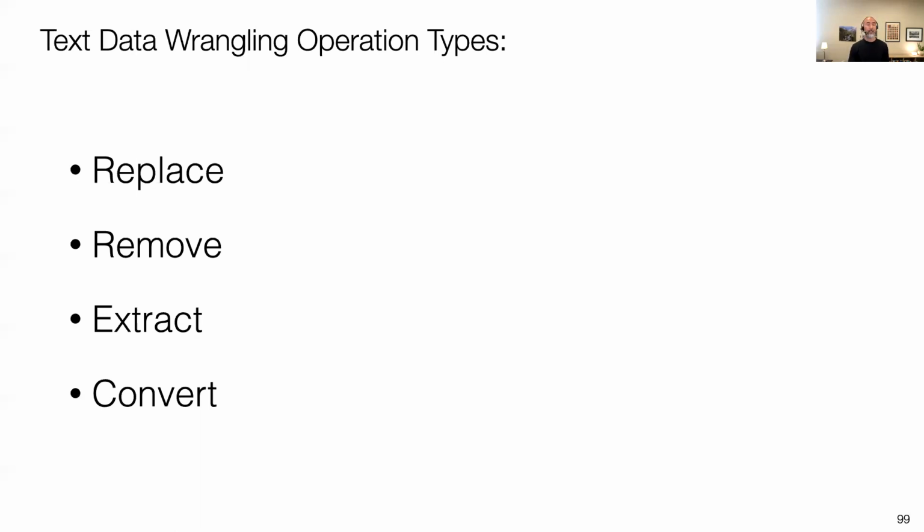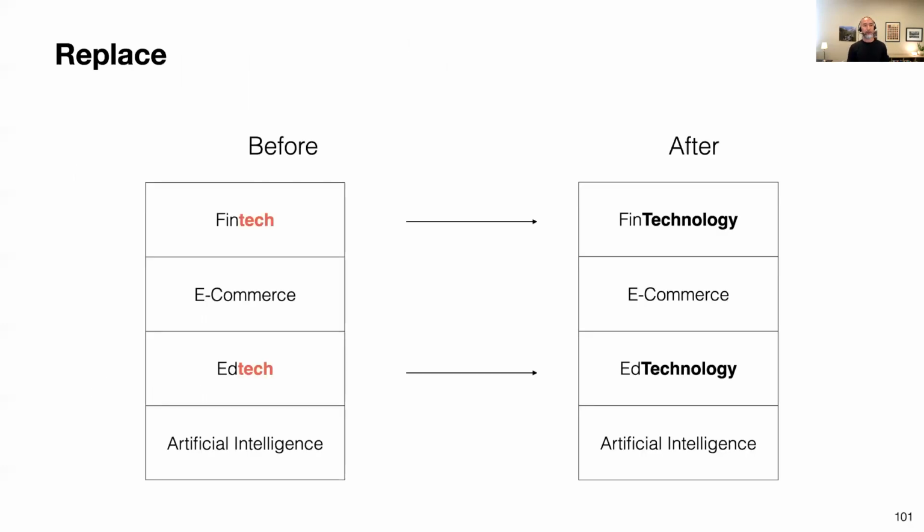Now there are 4 types: replace, remove, extract, convert. There are other types of operations too, but these are the main ones you usually find. Let's start with replace. For example, on the left-hand side there's fintech, edtech, or financial and education, that kind of stuff, and I want to replace part of the word with something else.